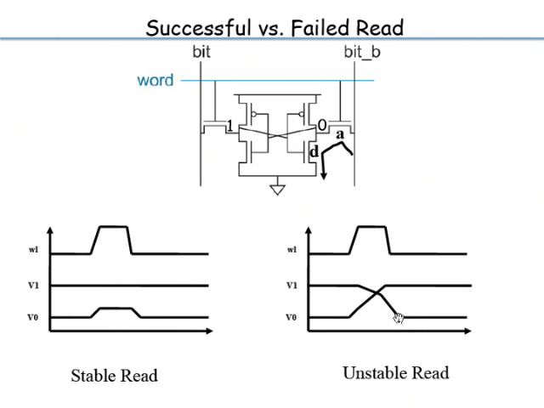Okay, so that is where the cell is unstable. You read the cell and you change the contents of the cell, because this voltage which was developed across this driver transistor is too high. It causes the other inverter to trip.